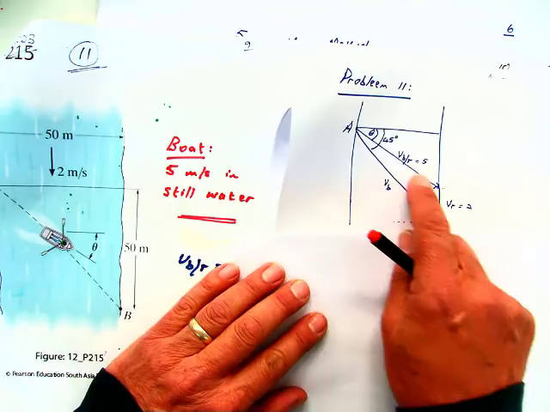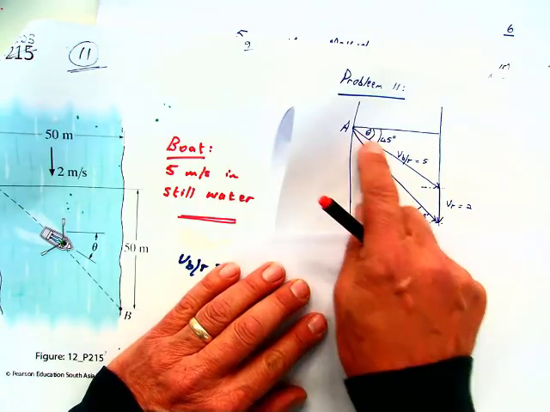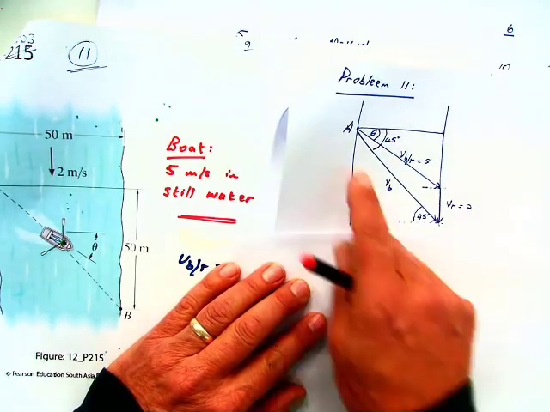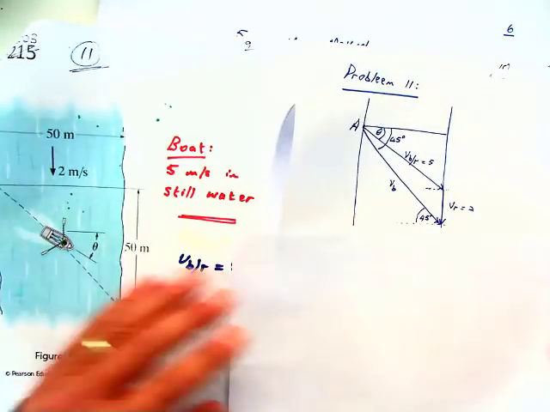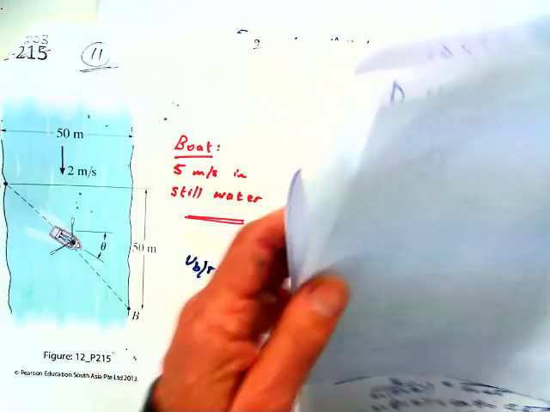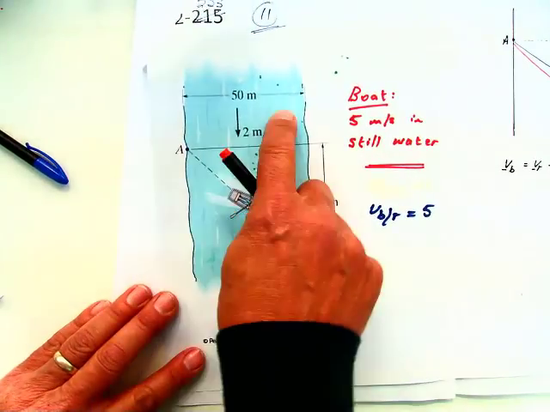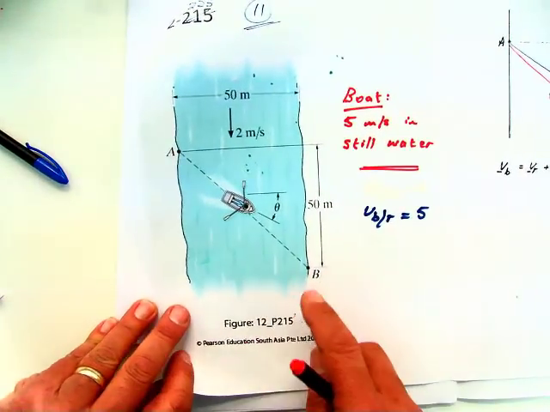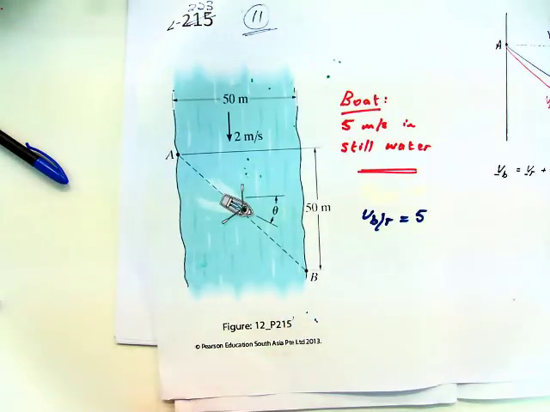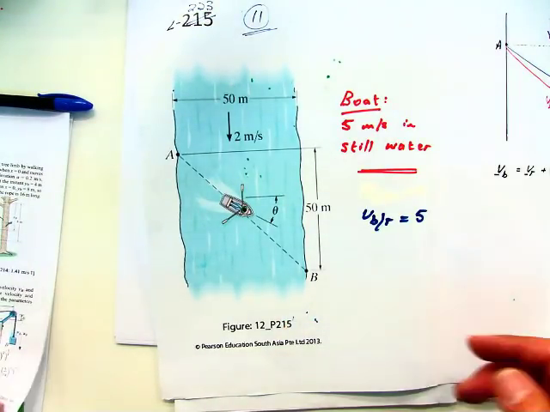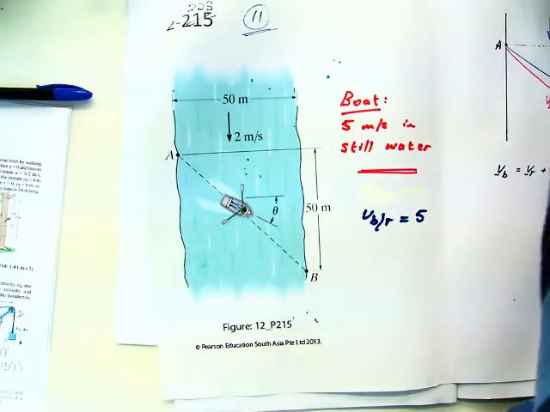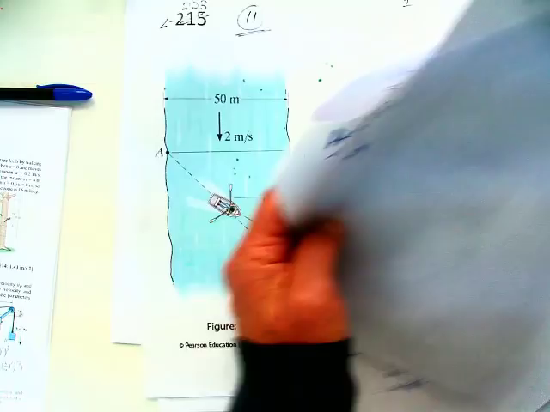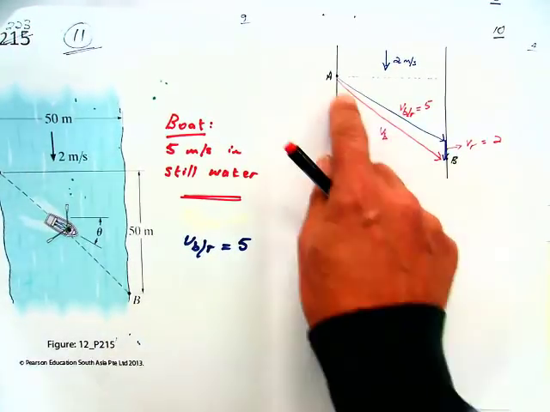That one is the boat in still water, 5 meters per second. The river takes it down here, and that is the final velocity of the boat. And now you just use all those distances. They give you 50 meters here and 50 meters there, and they give you some angle, I think. No, they only give you that 50 meters and 50 meters. So solve this problem by using this diagram, or a similar diagram.